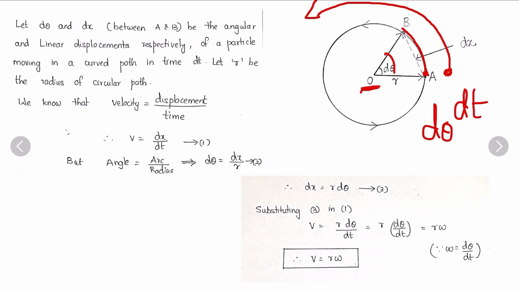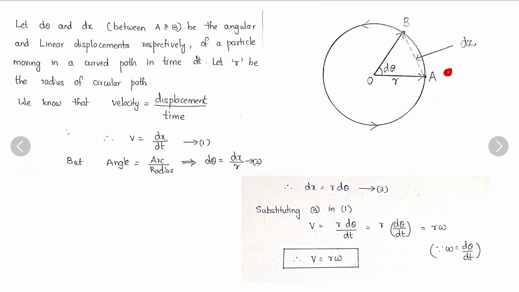And we all know that AB is the arc. If the circle is small, we can take the straight distance AB as almost equal to the arc length AB.